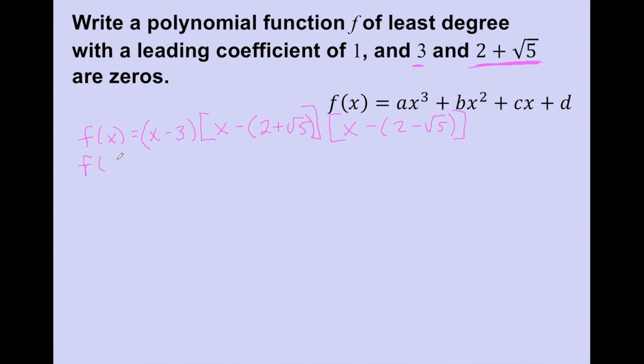Now I'm going to remove those parentheses by distributing the -1 through there. This becomes x minus 2 minus root 5. X minus 2 plus root 5. Okay? Now, I usually don't write this step. I just include this on the previous step. I regroup the terms.